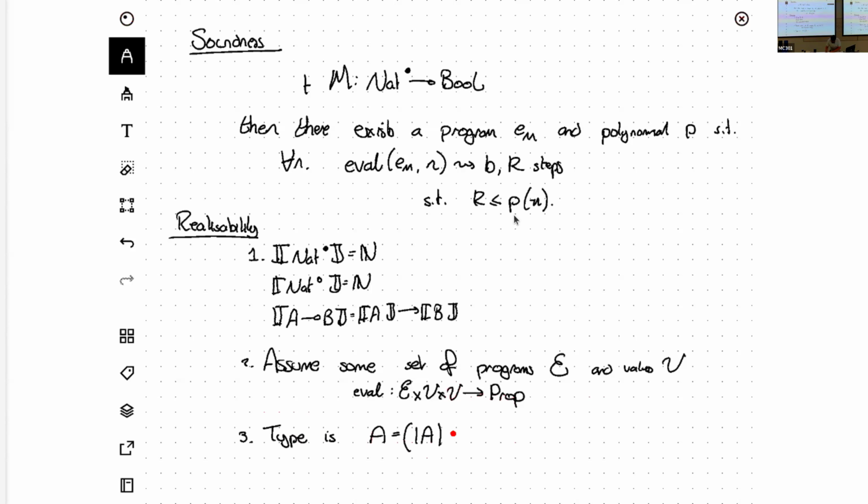There's A, which is a set, and there's a realizability relation, which is a subset of values and elements of the set.